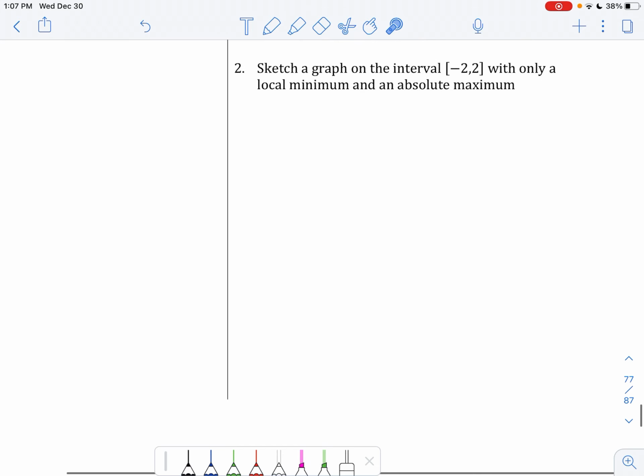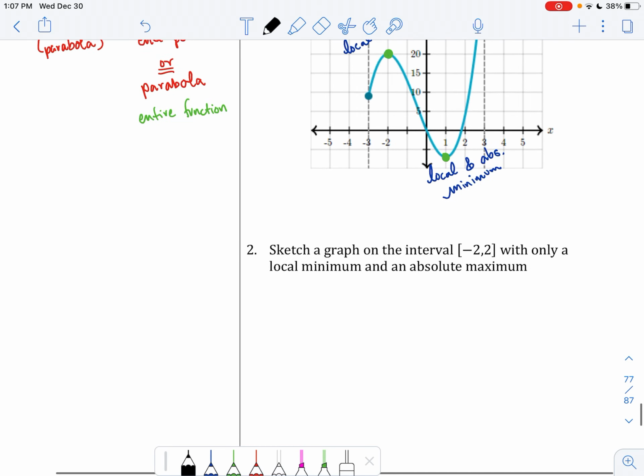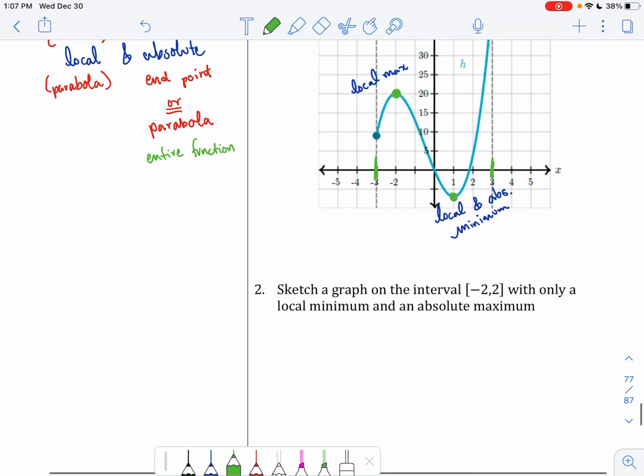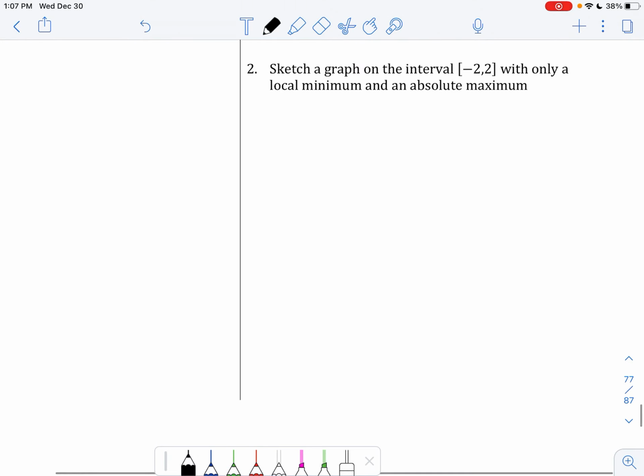One of your other types of problems you'll be asked is to sketch a graph. So here we have sketch a graph on the interval negative 2 to 2 with only a local minimum and an absolute maximum. So the interval here is, like in this question, is where the graph exists from. So in this case, it had an interval of negative 3 to 3.